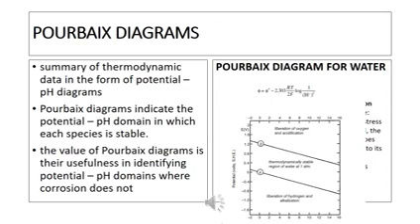Its aim is to tell us how species will behave at varying potentials and varying pH. So our y-axis is potential, whilst our x-axis is pH. Here an example for water is given, and typically there is an equation that will be used to get this graph.